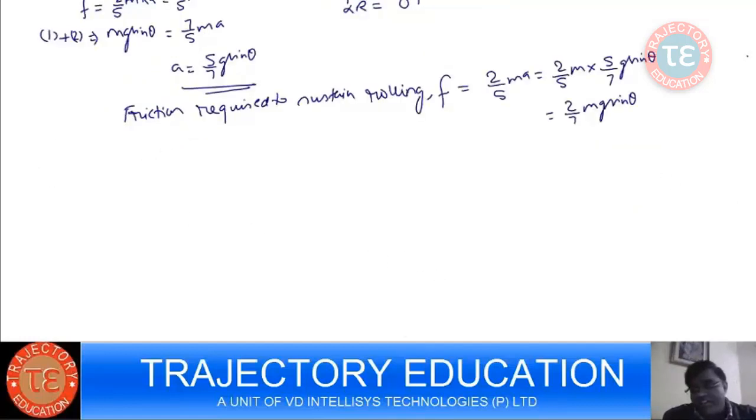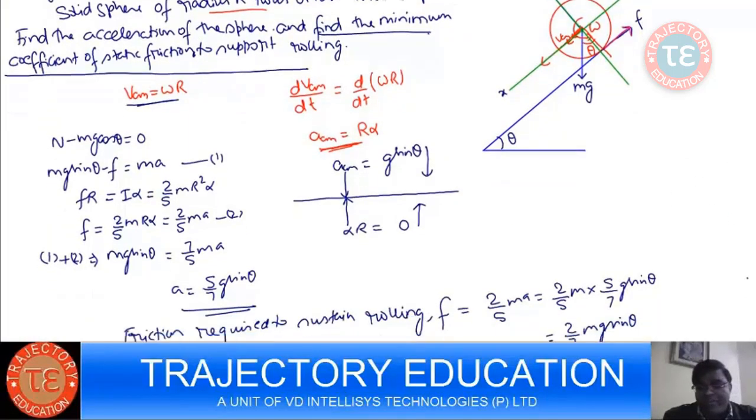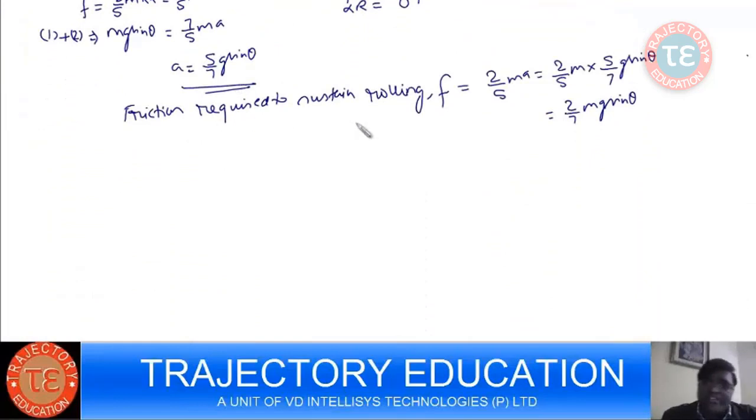And what they are asking you is what is the minimum coefficient of static friction required to support rolling. So I must write required over here. This is the friction required to support rolling. But then this friction value must lie within the range in which the friction can vary itself.